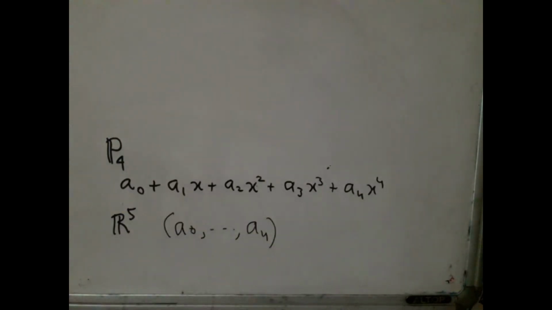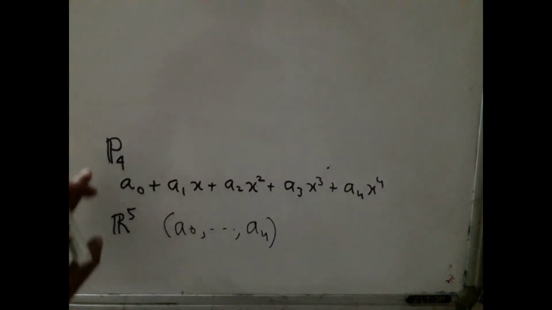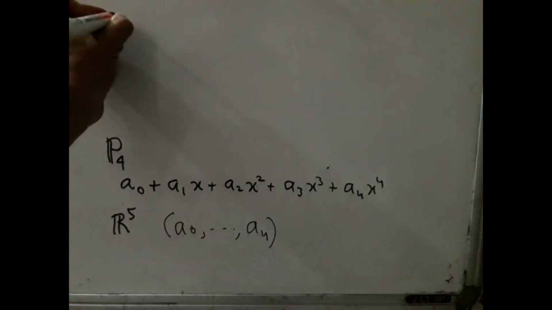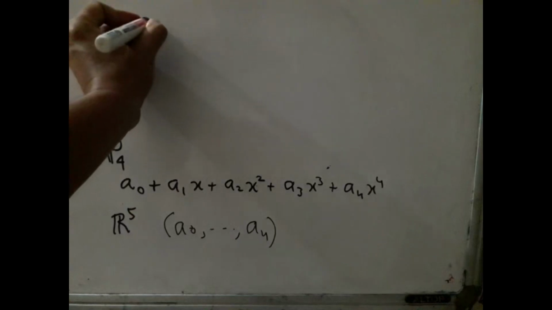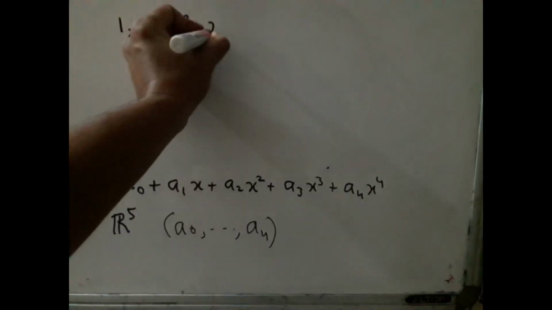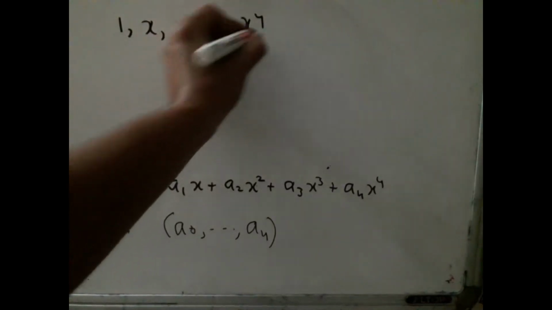Now, this moving from this to this is actually affected by choosing a basis. This is not very difficult, but when you hear it for the first time, it sounds confusing. In going from P4 to R5, you are actually choosing a basis, which in this case is 1, x, x squared, x cubed, x to the power 4.